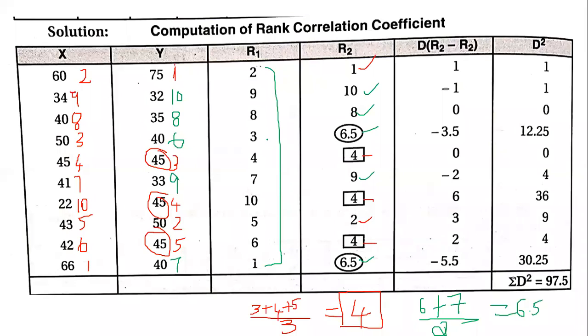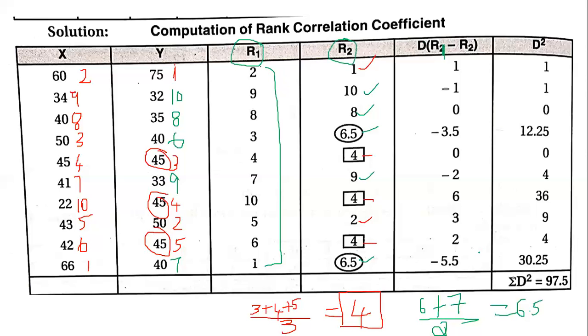Once we are done with assigning the ranks, the next 2 procedures are the same as the previous problems, that is finding the difference between the ranks. Sorry, this is R1, this is not R2. R1 minus R2. So you will find the difference between R1 and R2.